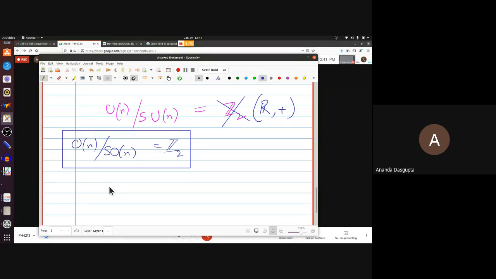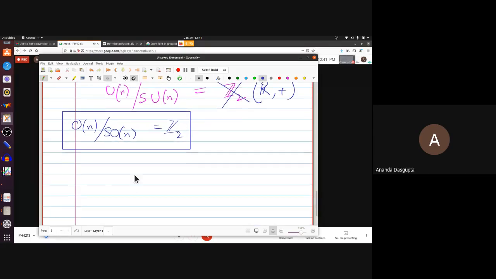Okay, let me just see this in a bit more detail. First of all, the important thing is what are the elements of UN by SUN? These are the cosets, right? A typical element will be V SUN. What is this?